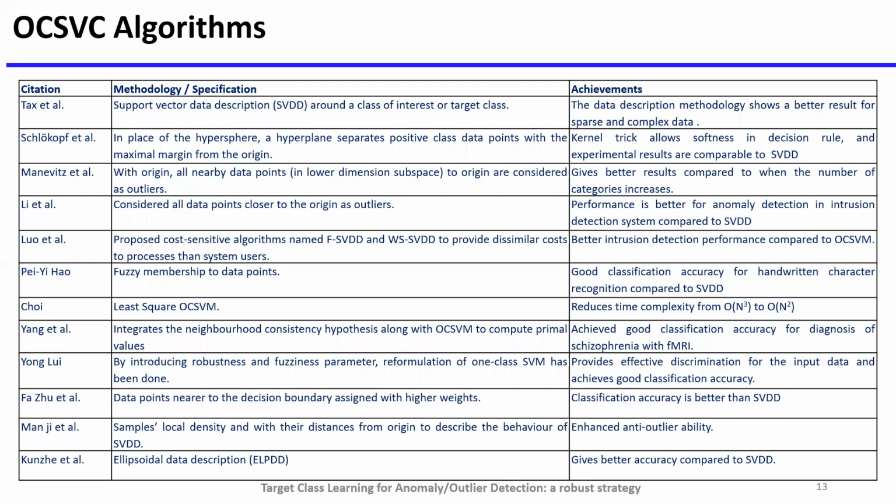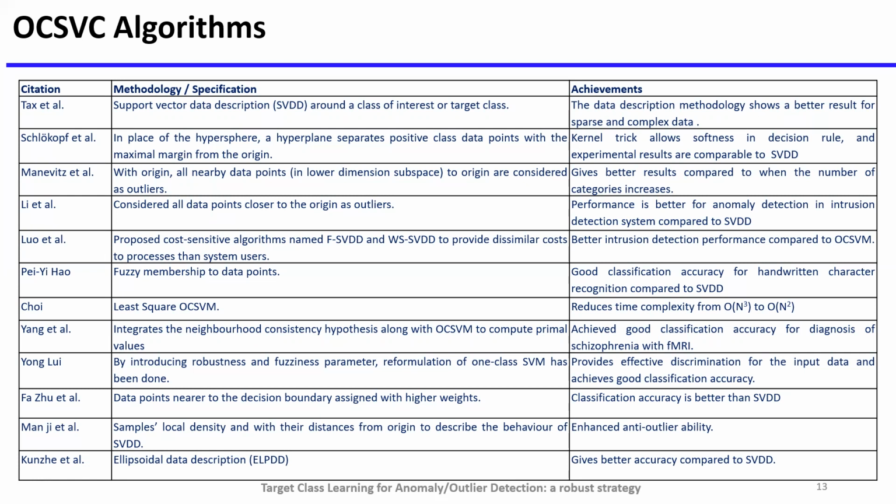Based on the two basic variants, several extensions have been made. In this chart, we can extend the SVDD model towards ellipsoidal data description so that you may get a more flexible boundary.